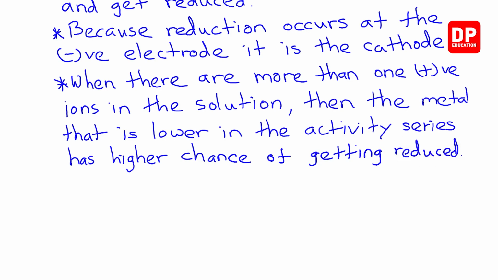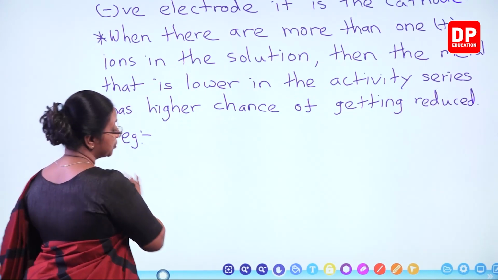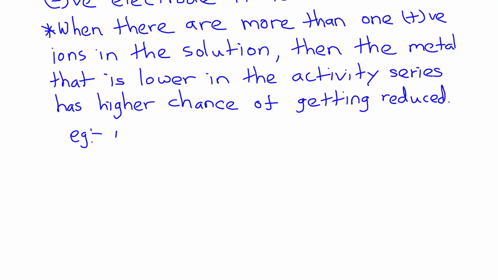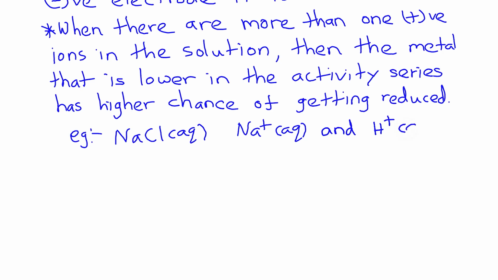For example, you can consider the electrolysis of aqueous sodium chloride. So when we say sodium chloride aqueous, there will be Na plus ions and H plus ions. Both are cations.